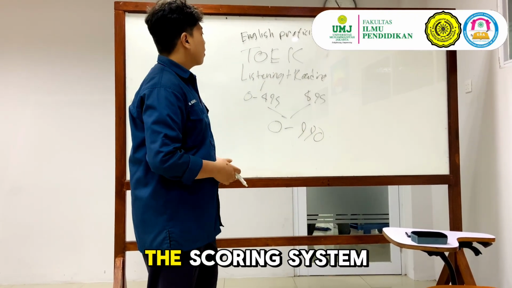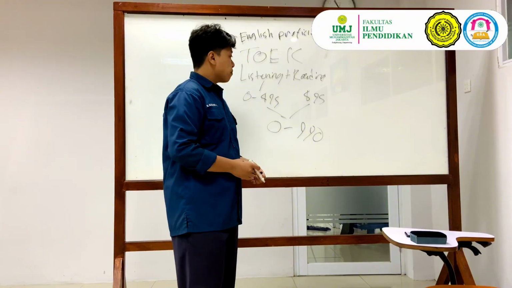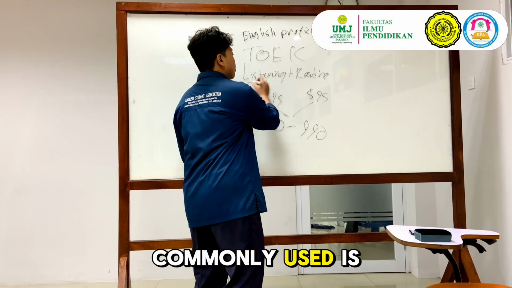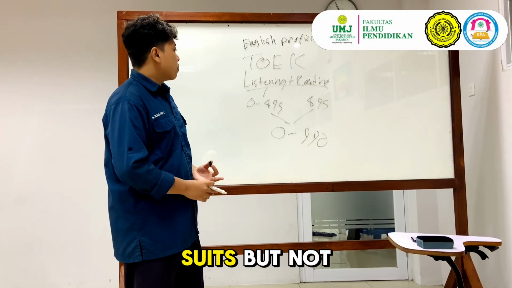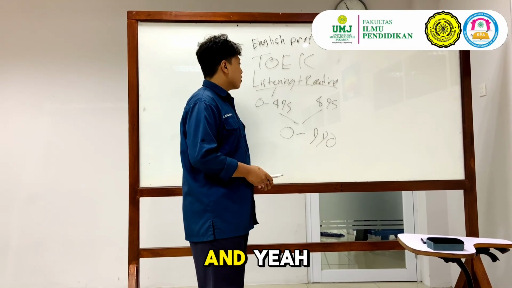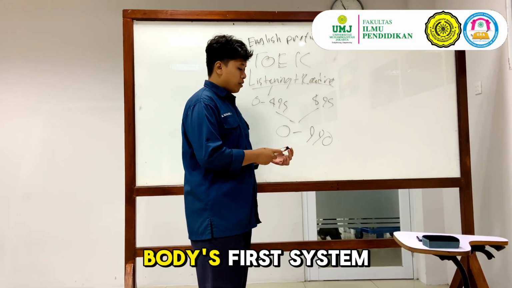So this is the scoring system in TOEIC. The most commonly used is listening and reading. There are other tests, but not many use them. And that is about the scoring system of TOEIC.